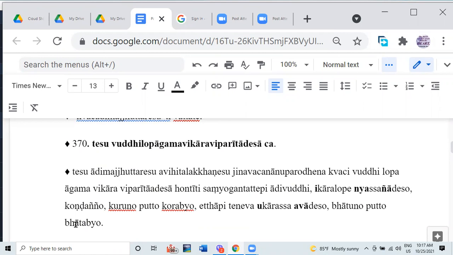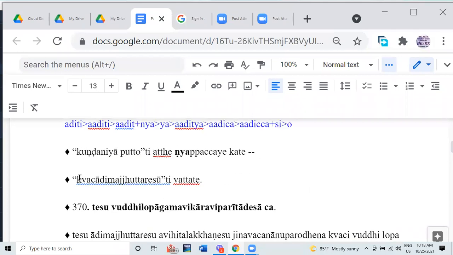Because here, Kondani, na with dot and da with dot, they are double consonant. You see, Kondani. So U of Kondani needs strengthening.